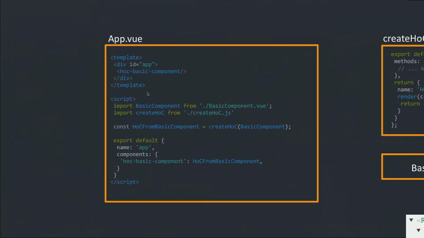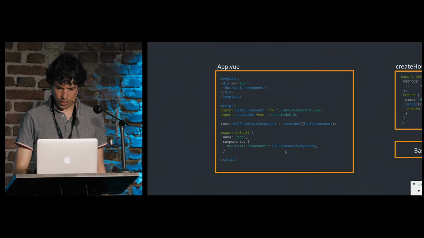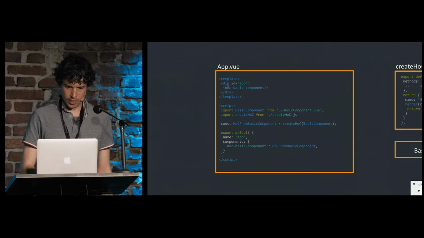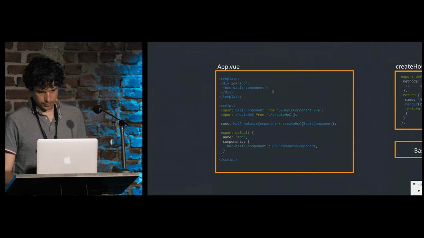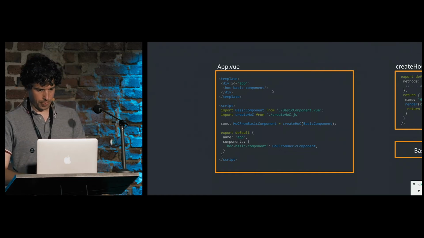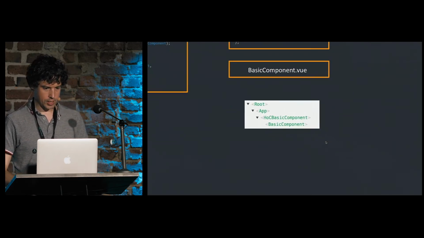So when using this, we import the basic component, we import the generator function, we call it by passing the basic component in, we get the higher component back, and then we just register it and use it in our template. And at runtime, it looks like this.